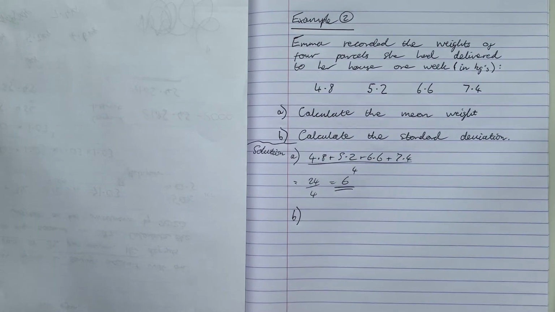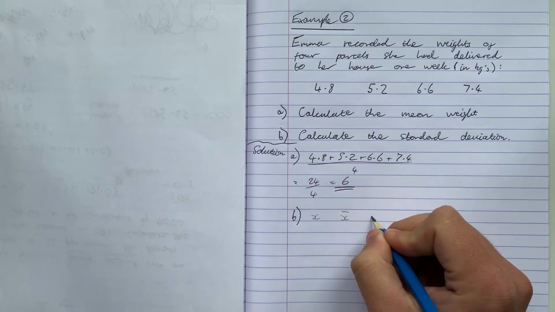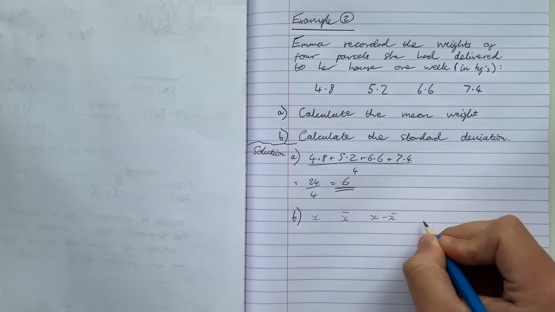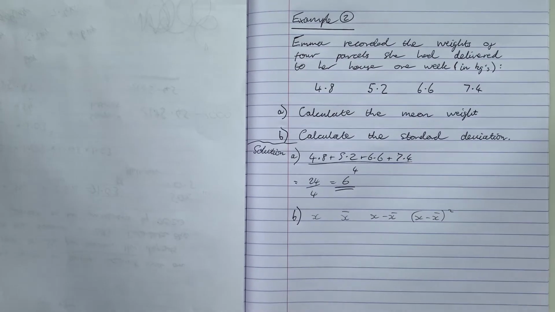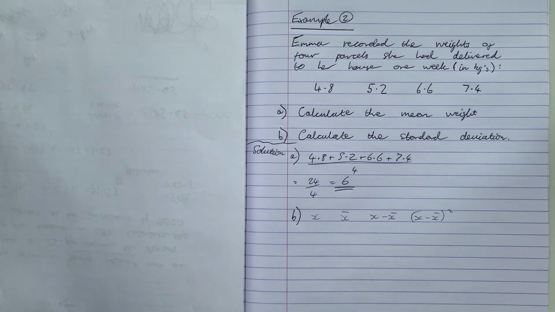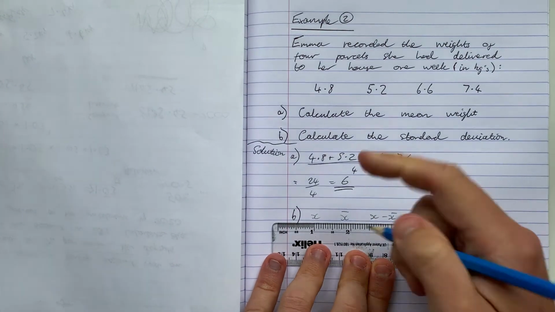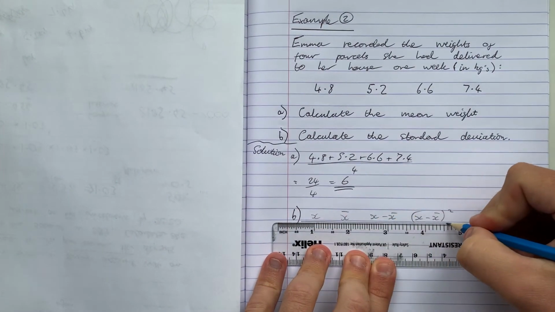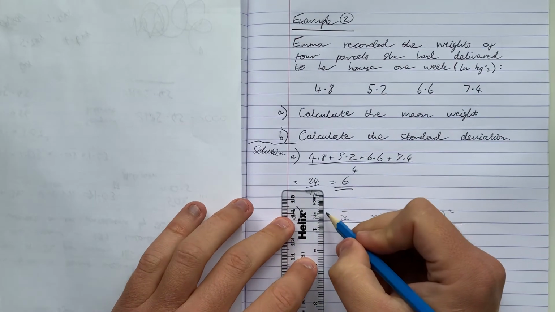First thing we do, standard deviation, is we draw our table. It goes x, x bar, x minus x bar, x minus x bar squared. If you can't remember what goes in the table, look at the formula in the formula sheet and it will hopefully give you a clue, because as we said, the last column in the table is essentially in the formula.